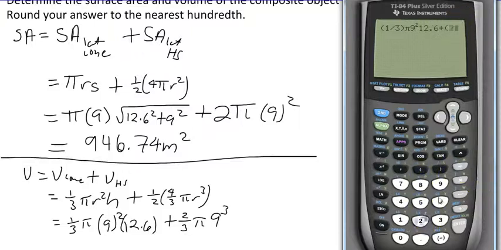And then plus, so it's got to do the brackets. 2/3 and then pi and then 9 cubed, right? So you'd use the caret for cubed, and hit enter. And we get 2595.58.